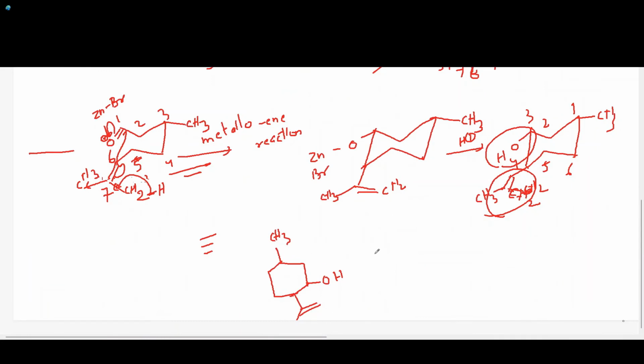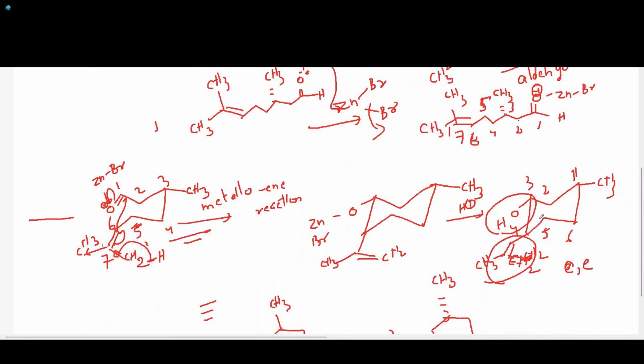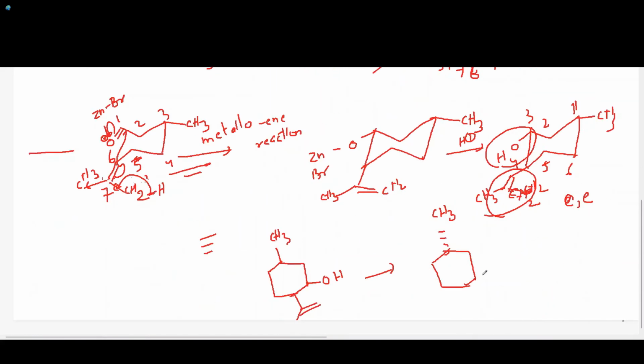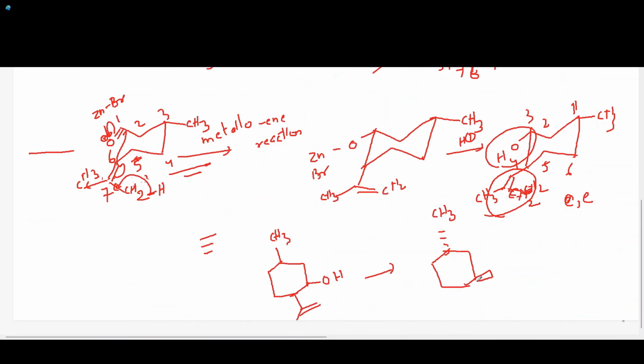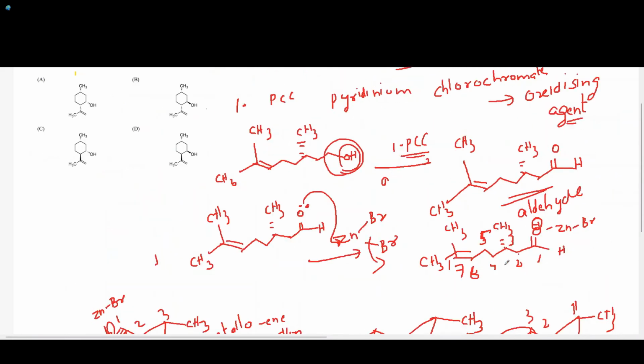So your CH3 is alpha, we can write it like that. So the 1 and the 3 are equatorial to each other, that is trans, equatorial and equatorial. So we will write it like this.